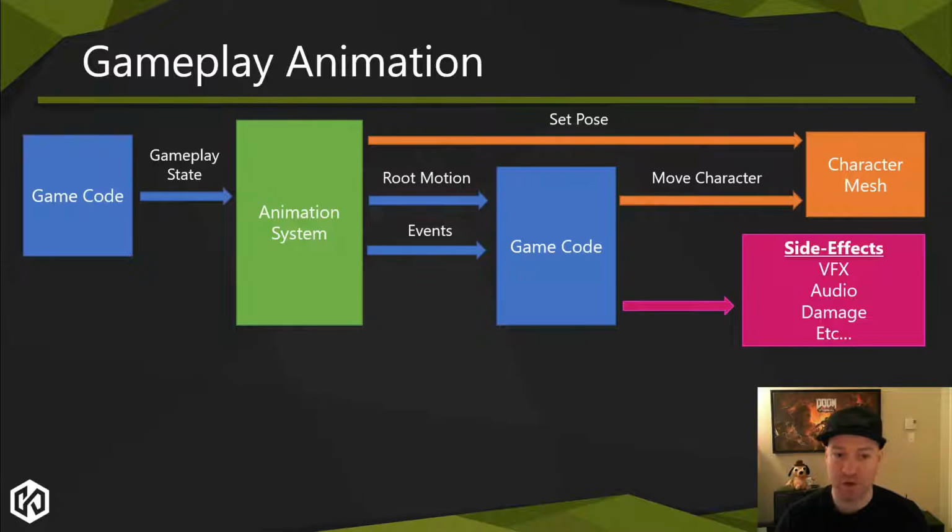The other two things go back into game code, and game code will say, okay, I know what animation's done, I have the root motion, so I'll move the actual simulation object in the game, the capsule or whatever you're using. And then it will trigger any additional stuff that needs to be done, for example an audio event or VFX, damage shape, what have you.